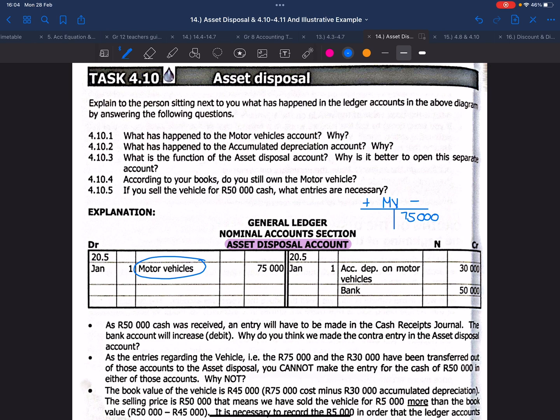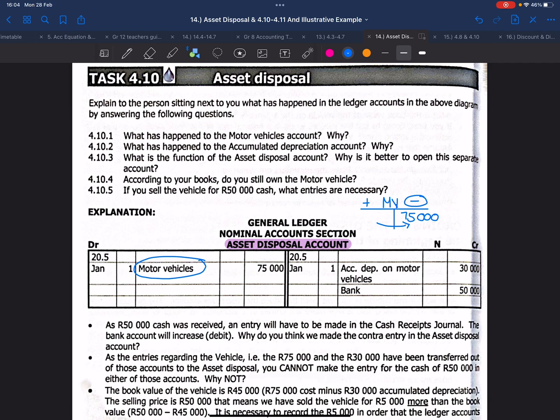So what had happened to our vehicles account is it was credited because we sold it. So our account needs to reflect this. If we sold the motor vehicle, then our account needs to reflect it, and it needs to go out of our motor vehicles account. Then they want to know what has happened to the accumulated depreciation and why.